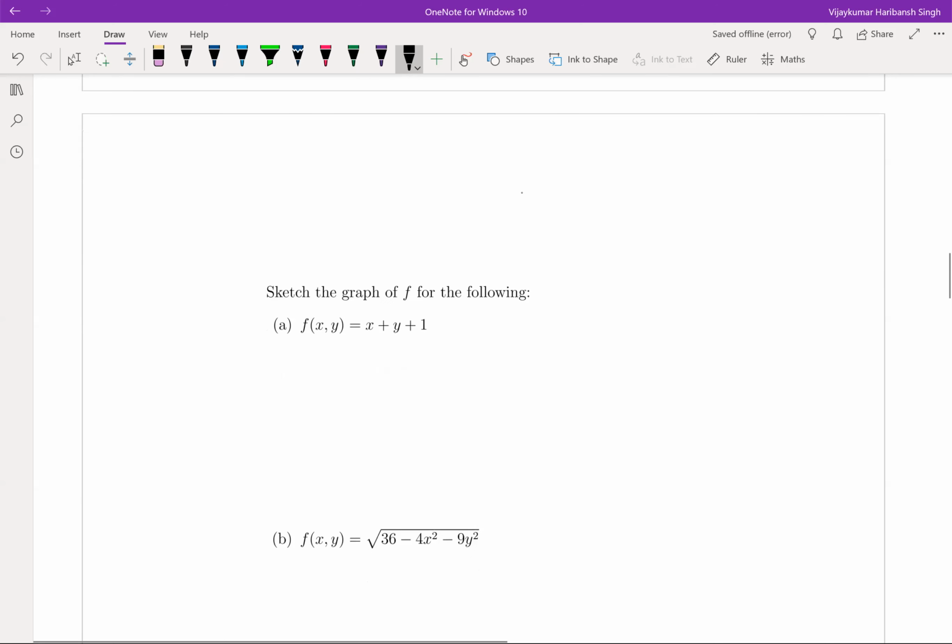So let's look at the first one. Sketch the graph of the function f of x, y equals x plus y plus 1.